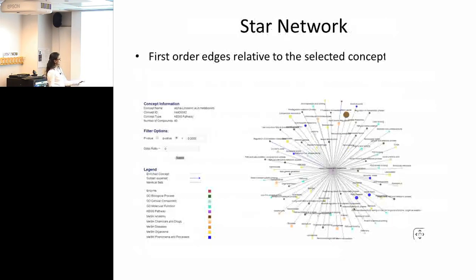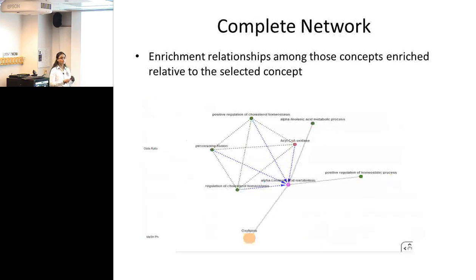So this is a simple network or a star network where the concept of interest is at the center, and all the other concepts which are enriched are around that main concept. And you can change the different parameters here, like p-value and odds ratio, and you can see their effect on the network. Similarly, the complete network is a combination of the star network plus all the enrichment relationships among the concepts.